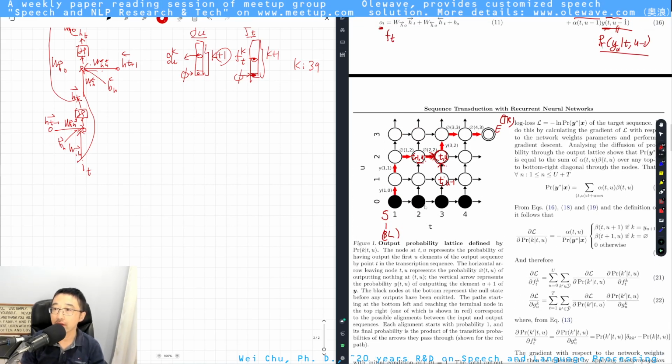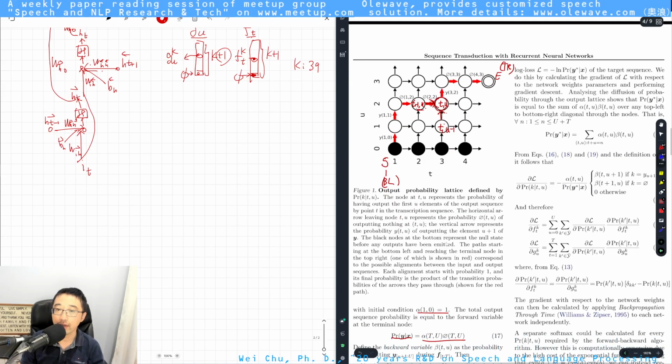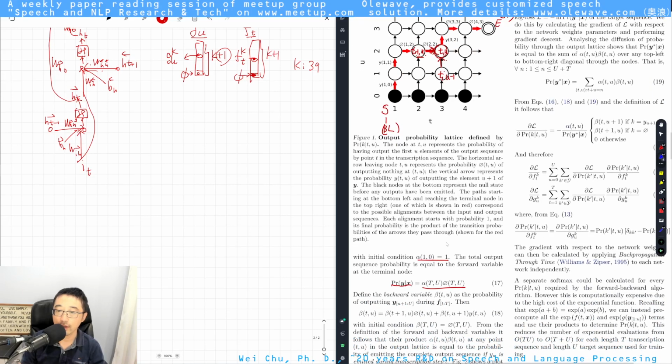So we just explained alpha, but let me use another pen, the blue pen, okay? Okay, this is good. So also T and U, we rewrite using this color. So this is T plus 1, U, right?